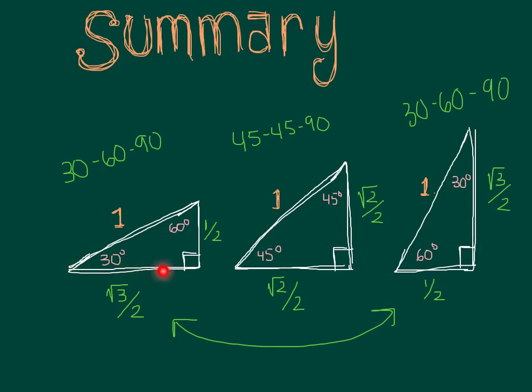So the square root of 3 over 2 side is across from the 60 on the left, and on the right triangle, the square root of 3 over 2 side is still across from the 60. So nothing has changed except the triangle has been rotated. 1/2 is across from the 30. Same thing over here. 1/2 is across from the 30. So this is a nice summary slide that you may want to refer to in the future.